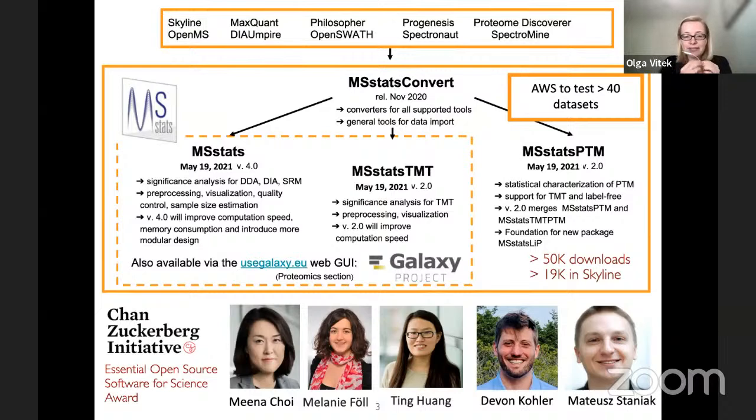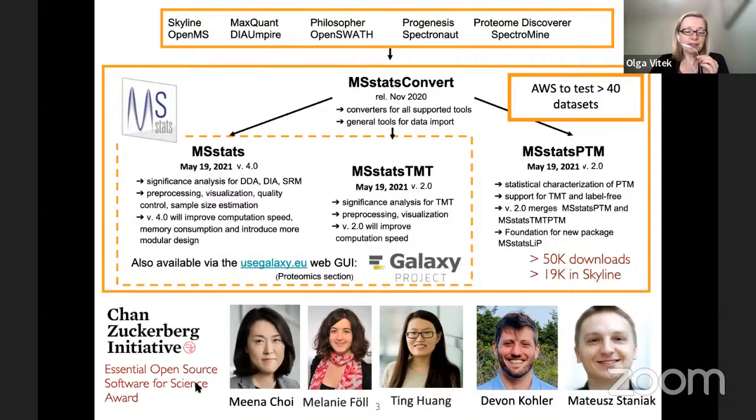Ting focused on TMT. Devon has worked on PTM and LEAP and also Shiny. And also Melanie has been a very important collaborator in terms of integrating MSstats with other interfaces such as Galaxy.